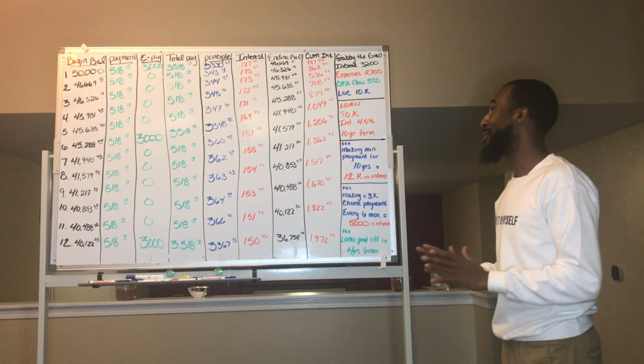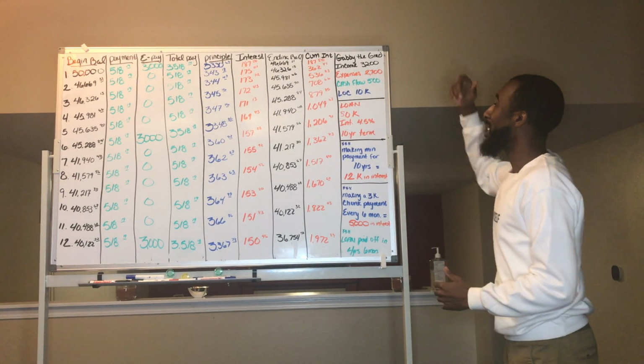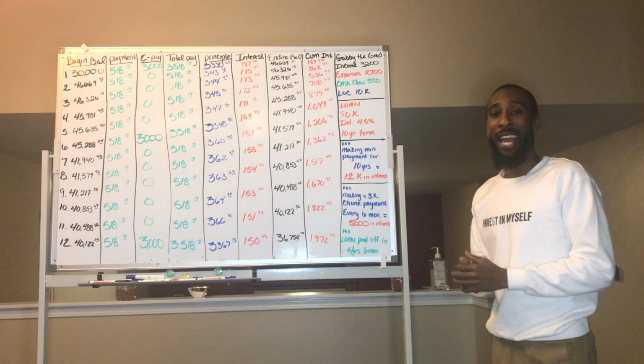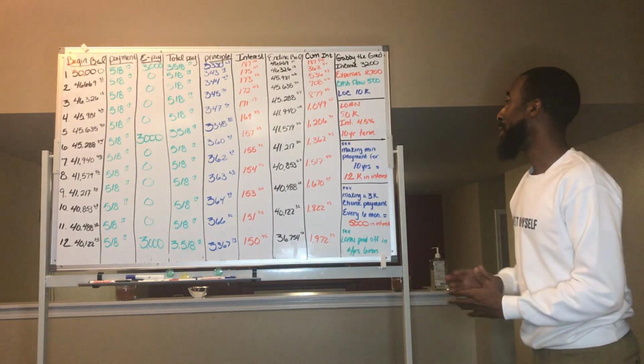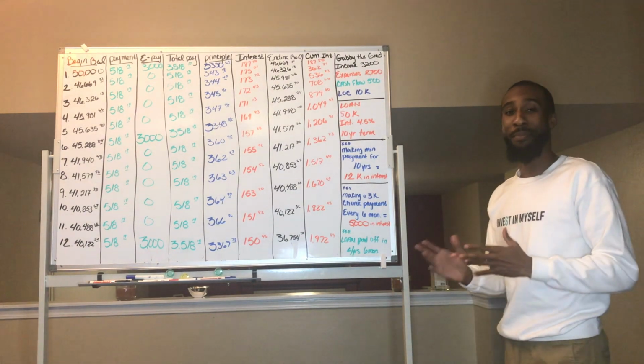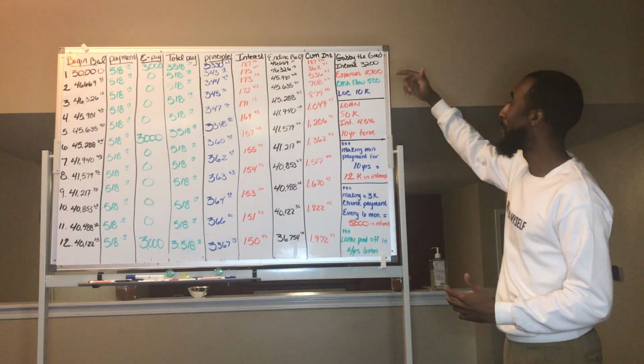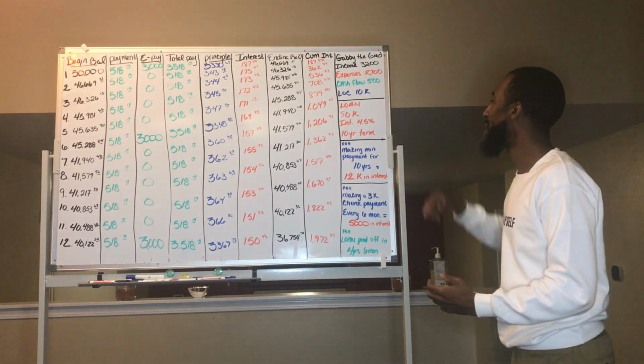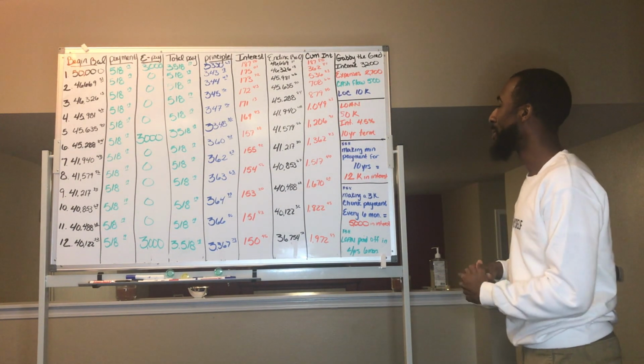Expenses $2,700. Maybe she has a roommate, so they can save some money there. So the cash flow is going to be $500. She's going to have a line of credit for $10,000.